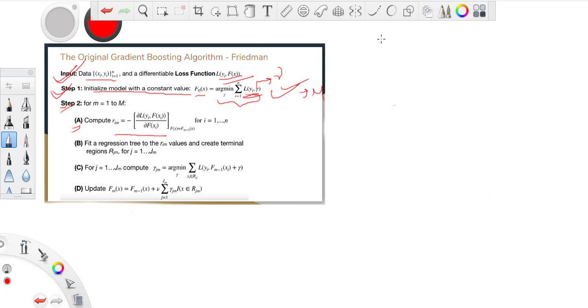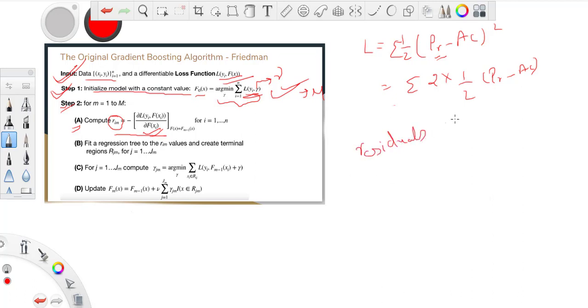My loss function is again 1 by 2 predicted minus actuals whole square, and obviously the summation is there, right? Now it is essentially asking me to differentiate this loss function with the predicted value. So let's do that. I will get 2 times 1 by 2 predicted minus actual, right? So this r im which we are seeing is nothing but residuals.